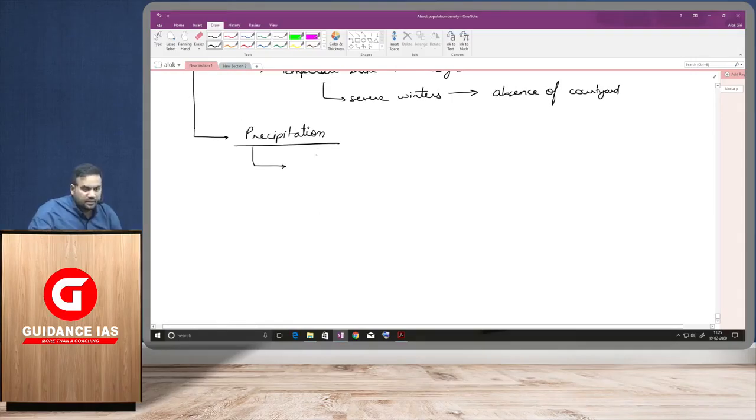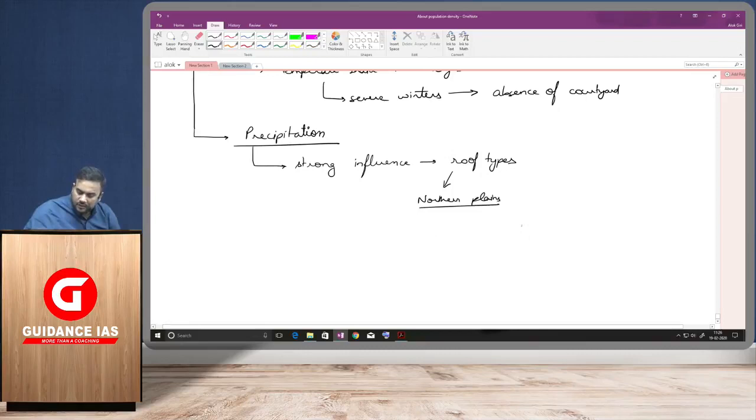So precipitation has strong influence on the roof types. For example, if you go in the parts of India where, we are talking about the northern plains.